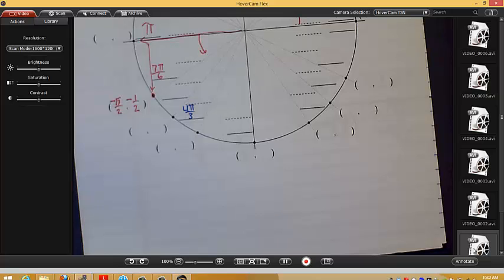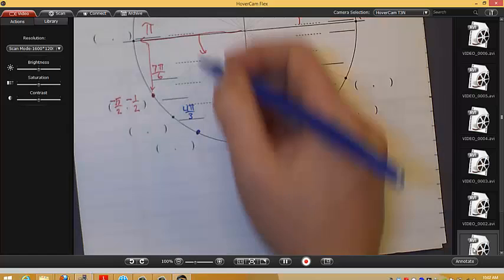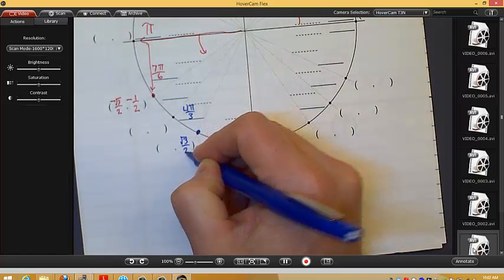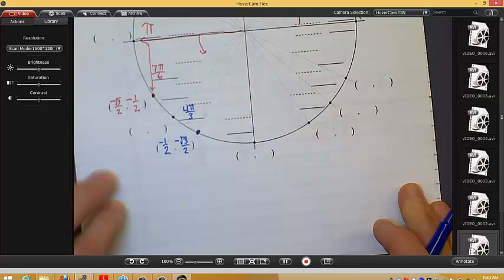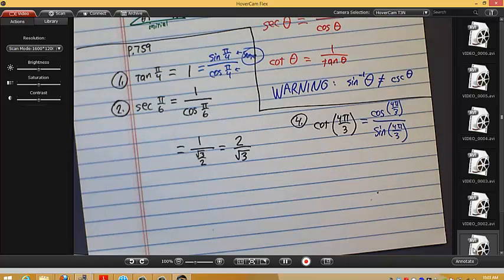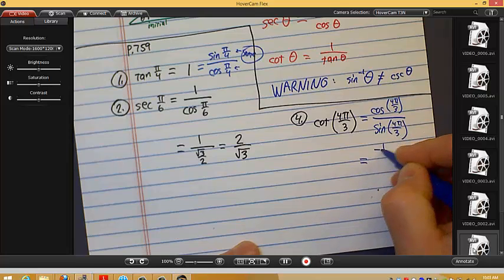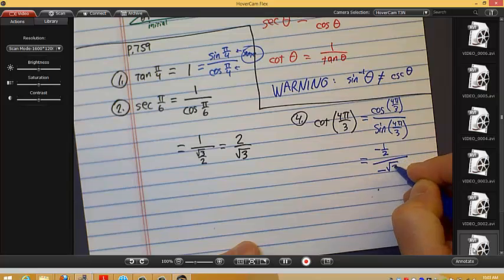And so I guess I look at that point and I say, well, that's farther down. So the radical 3 over 2 is the y coordinate, negative, and negative 1/2. Okay? And so now back to my paper. I say, well, this is negative 1/2 over negative radical 3 over 2.